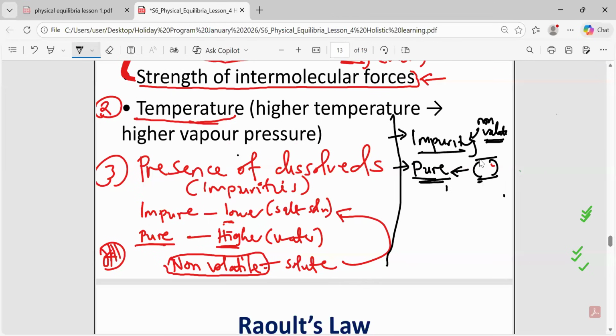But when you come to an impure substance where we have added a non-volatile solute, it means that some surface positions have been occupied by solute particles. So fewer solvent molecules are able to escape. As a result, fewer vapor molecules will form, and thus the vapor pressure becomes low.